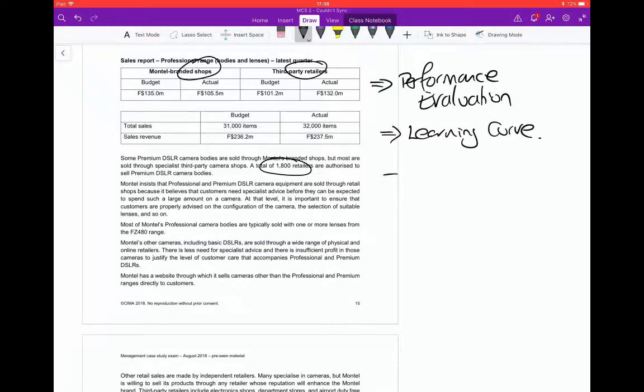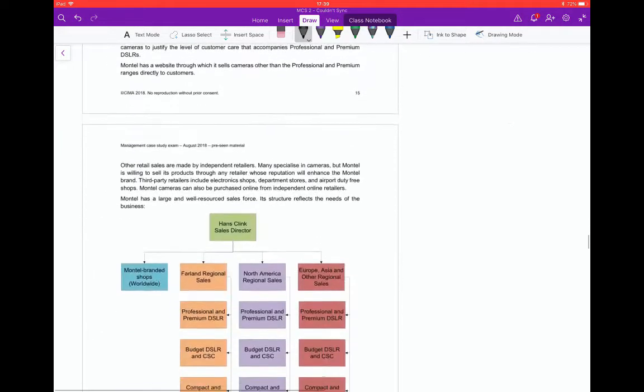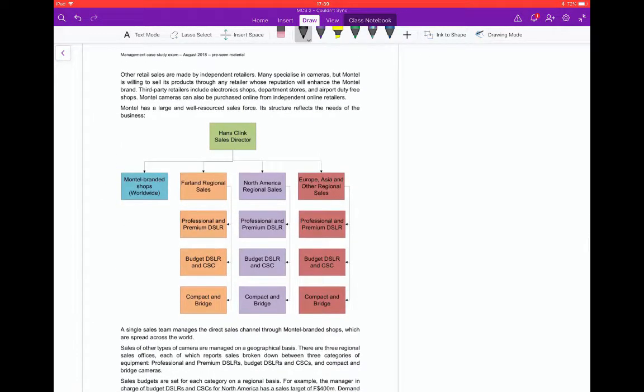It also lends itself to an explanation of segmental reporting. A standards question that explains how you would have to show the income and the profits from each segment separately within your financial statements.